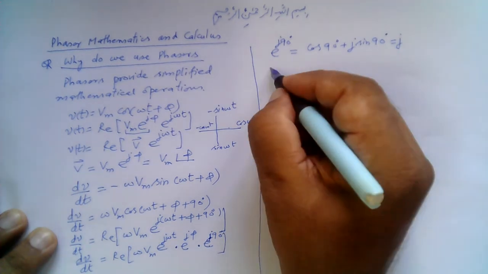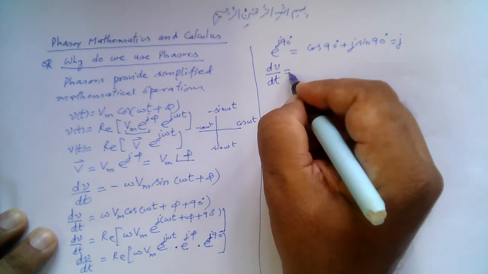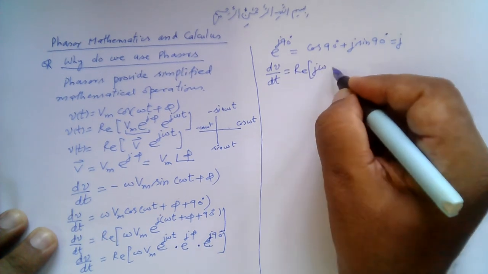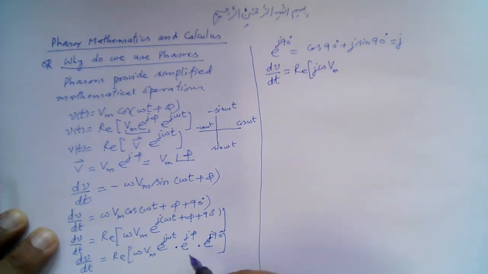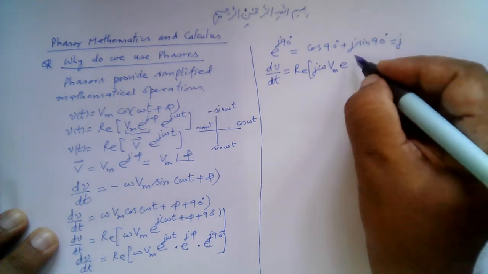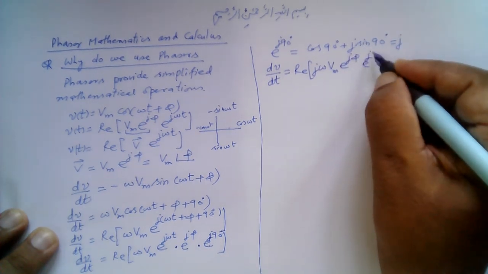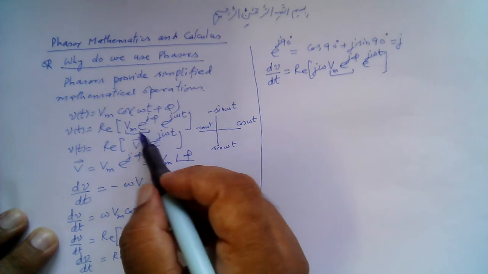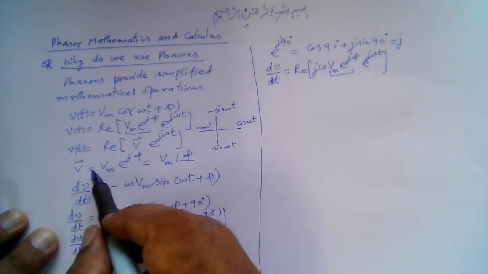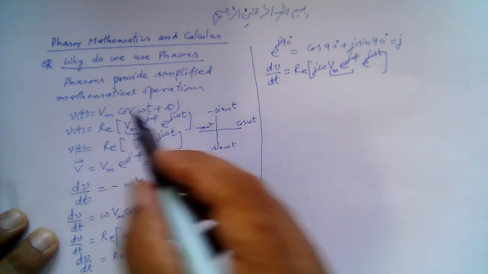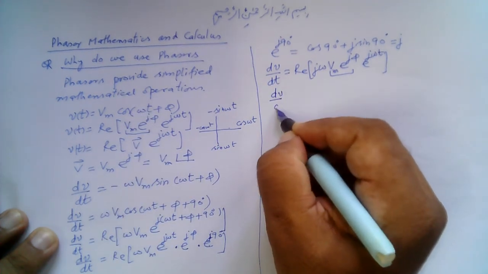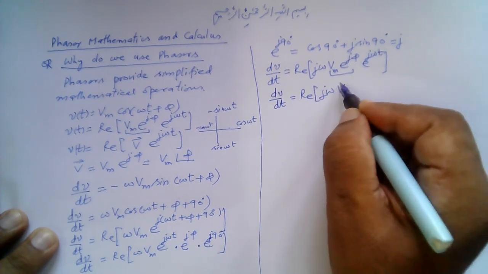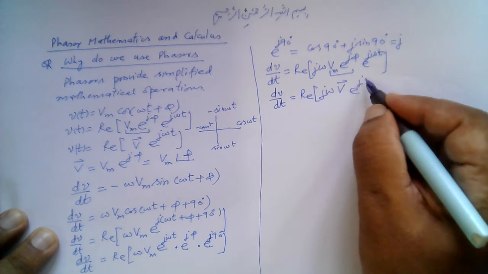So this term reduces to simply j. We can rewrite it: dv by dt is equal to the real part of j omega Vm e^(j phi) e^(j omega t). And if you note, this is our original phasor, Vm e^(j phi), the phasor representation of this sinusoid. So dv by dt is simply the real part of j omega V bar e^(j omega t).